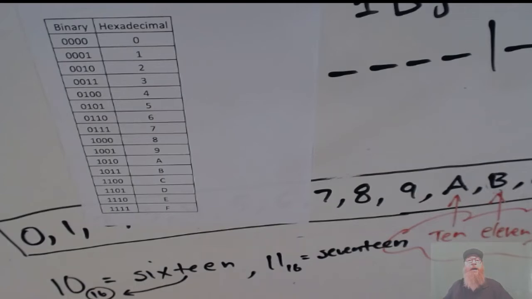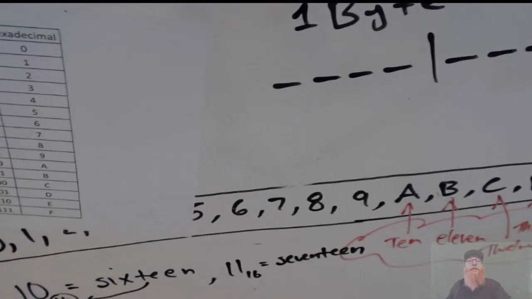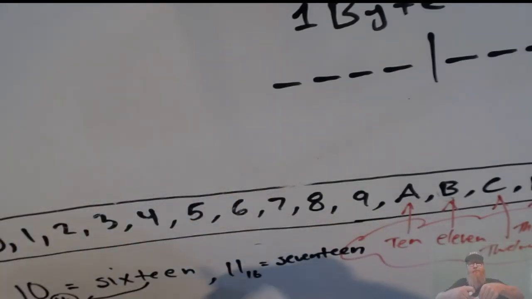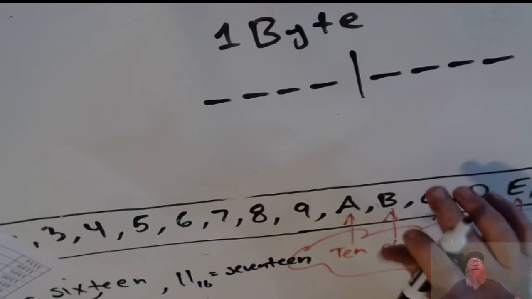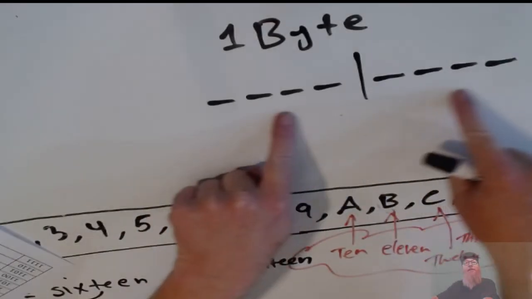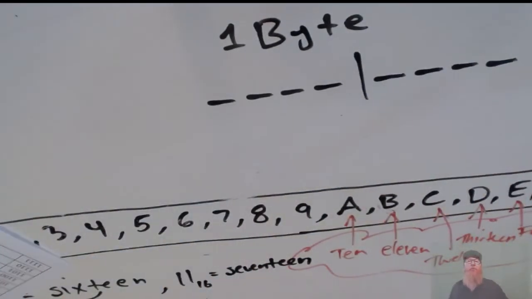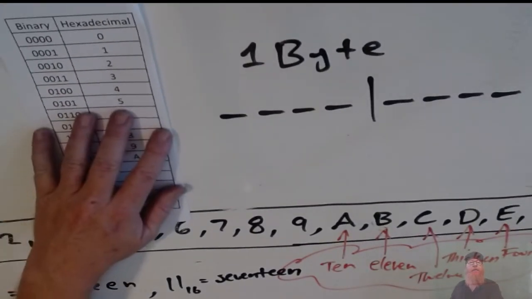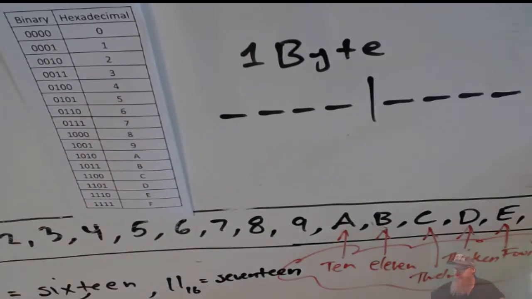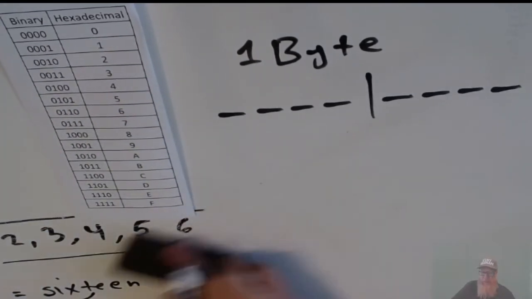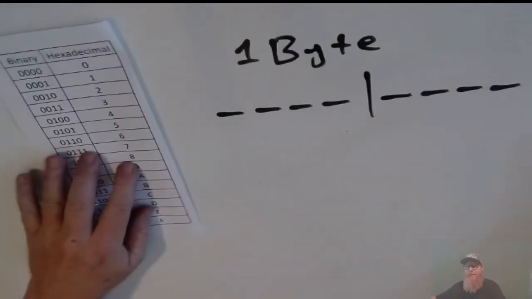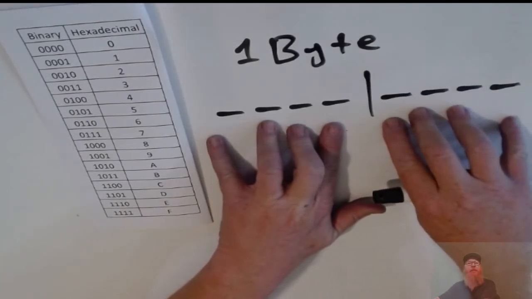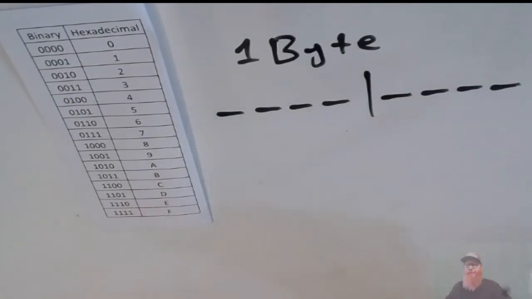So we can group them in 2 groups of 4, and we'll be able to have 1 byte written out like this as 2 groups of 4. And we won't have any wasted space. So 1 byte would be 2 hexadecimal digits.